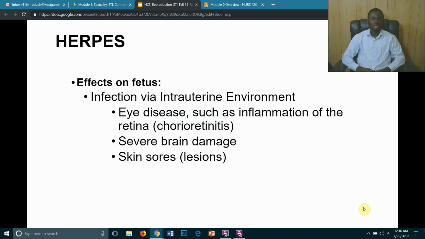Intrauterine effects on the fetus include eye disease such as inflammation of the retina or chorioretinitis, severe brain damage, and sores or skin lesions.